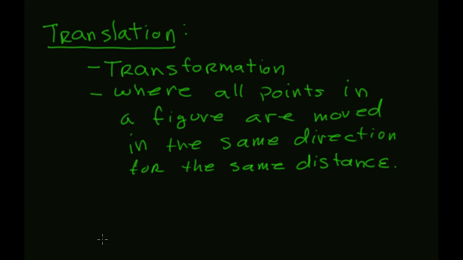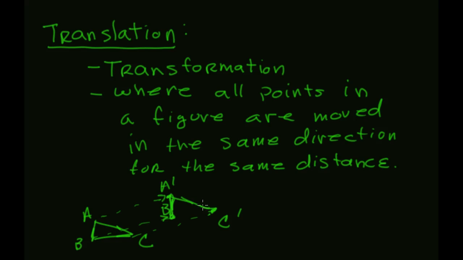Okay, so let's say I have a triangle A, B, C. And I move A to here. So we're going to call that A prime. I'm going to move B to here. We'll call that B prime. And I'm going to move C to here, and we'll call that C prime.